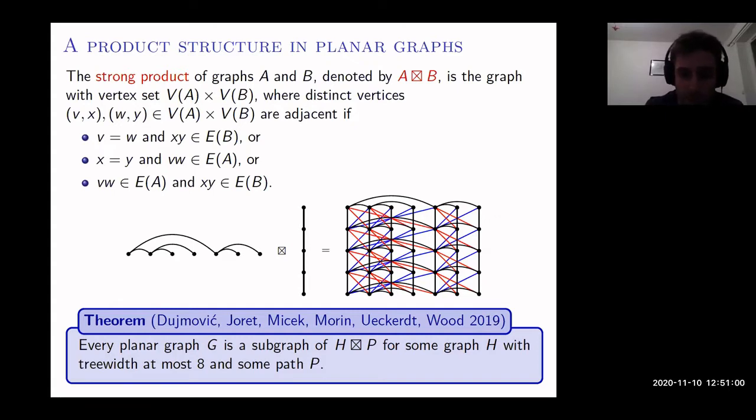So how can we use this very nice theorem, which I think will have a certain number of other nice applications in the future? So I think it's important to have seen this theorem. How can we use this to design efficient adjacency labeling schemes for planar graphs?